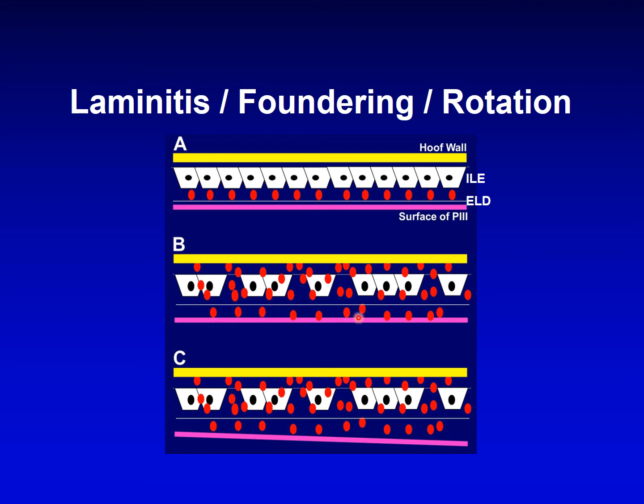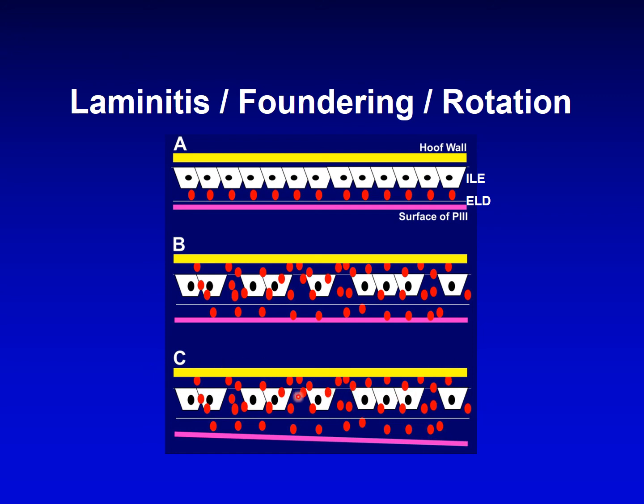The only tendon that reaches P3. This is P3, right here. So the tendon is the only structure that reaches the P3 from the palmar aspect. We know from the dorsal aspect there is what? There is the common digital extensor. But from the palmar aspect, we have the tendon of the deep digital flexor. Continuous pull by that tendon, along with the loss of the interdigitation, leads to separation between P3 and the hoof wall.